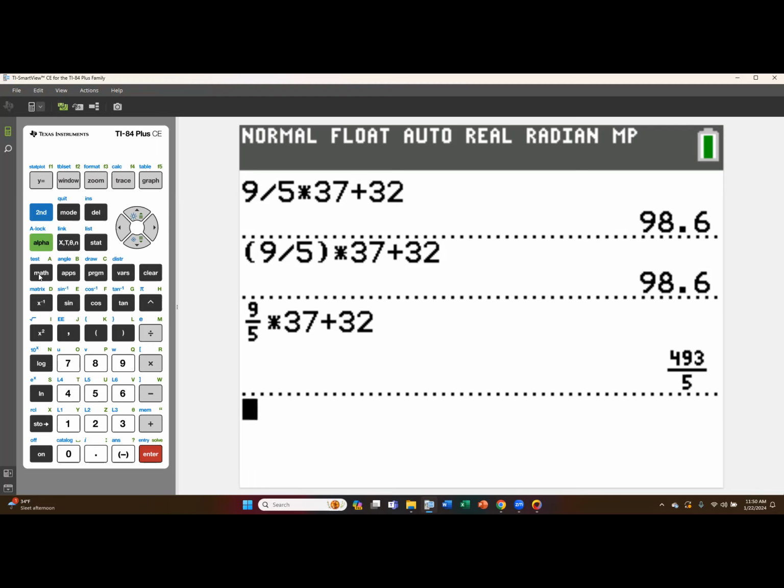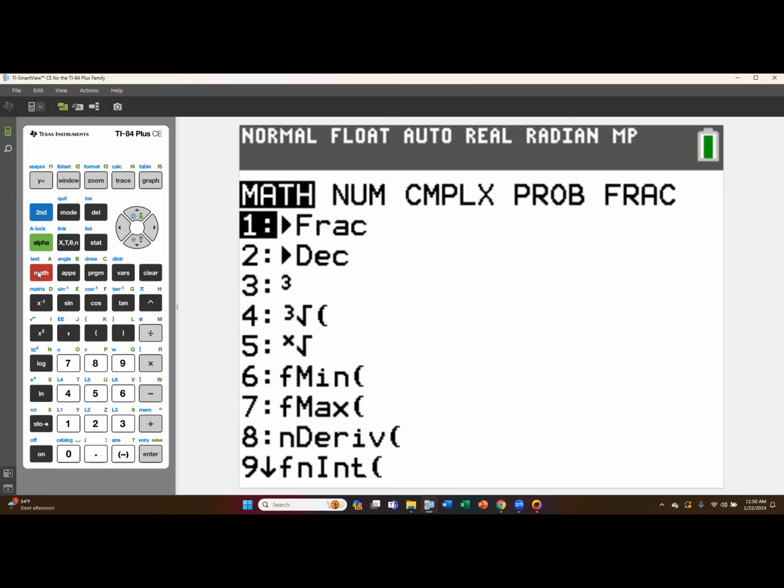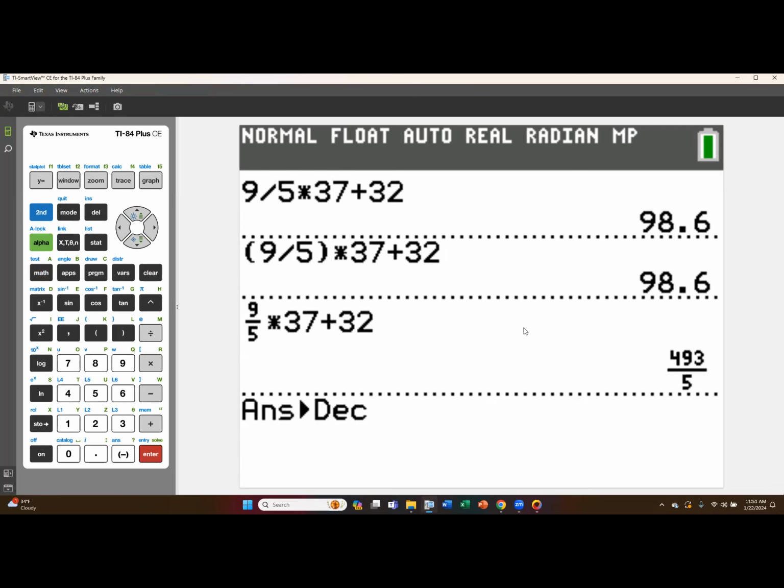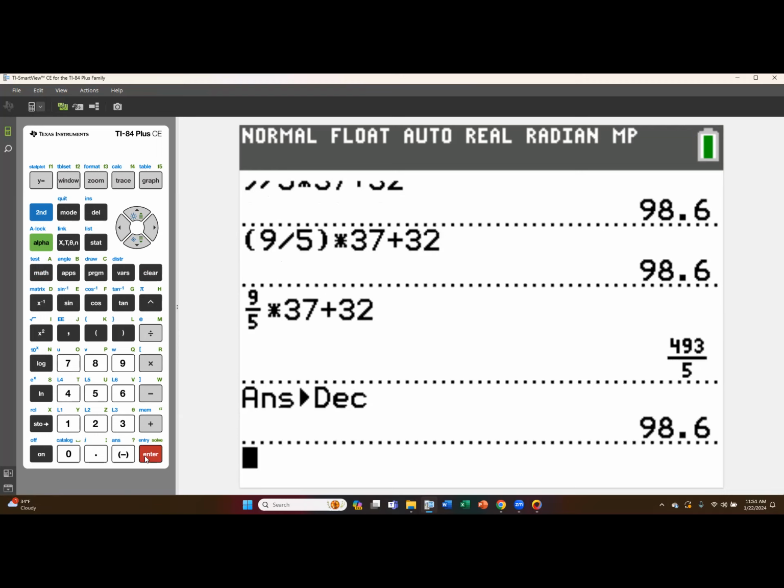So if I click on the math button, number one takes a decimal and converts it to a fraction. Number two takes your fraction and converts it to a decimal. So if I go down to 2, hit enter, it's going to take the 493 divided by 5, my answer, and convert it to a decimal.